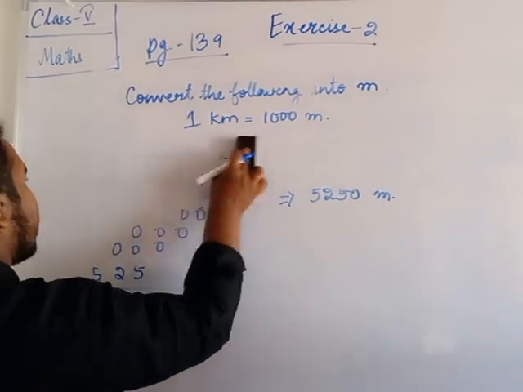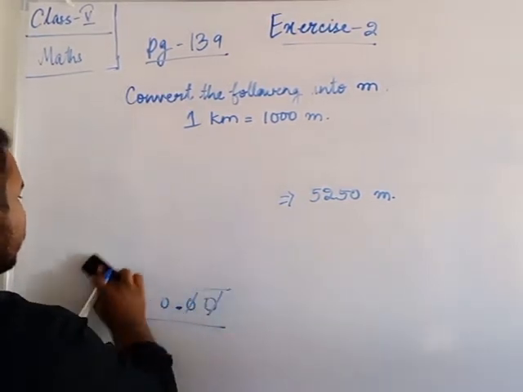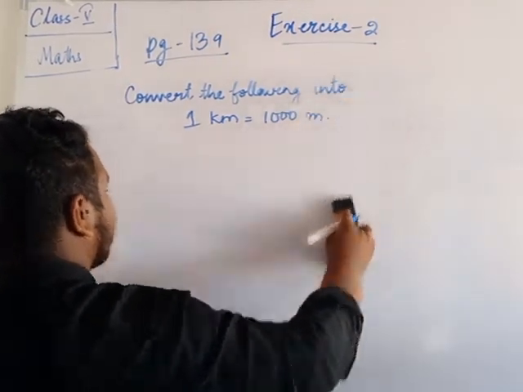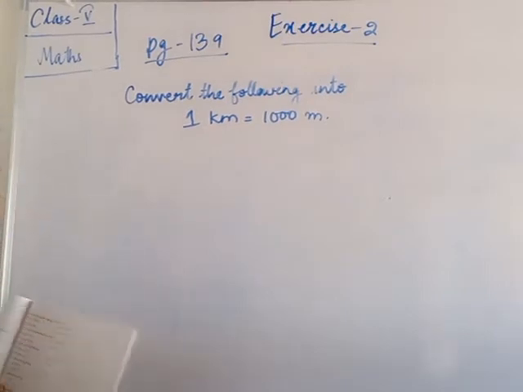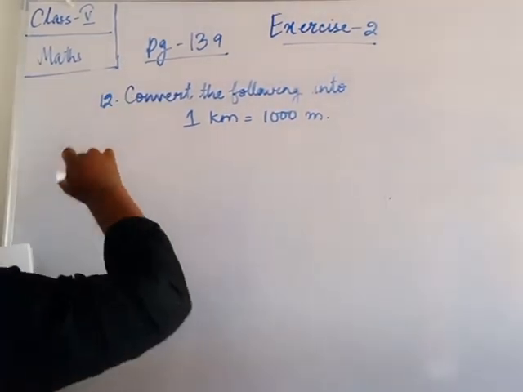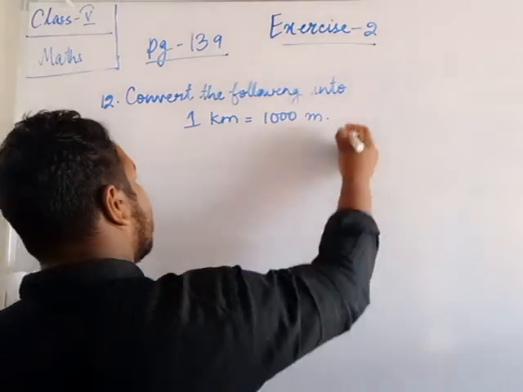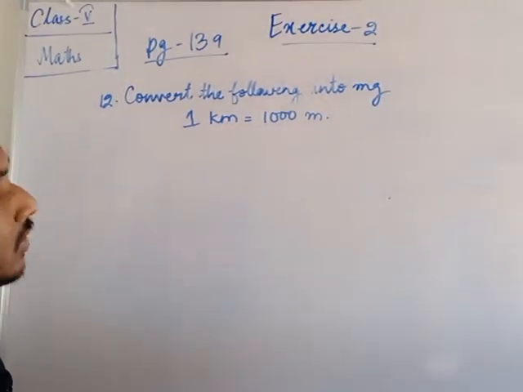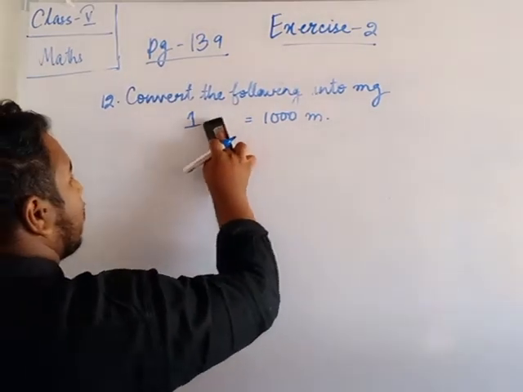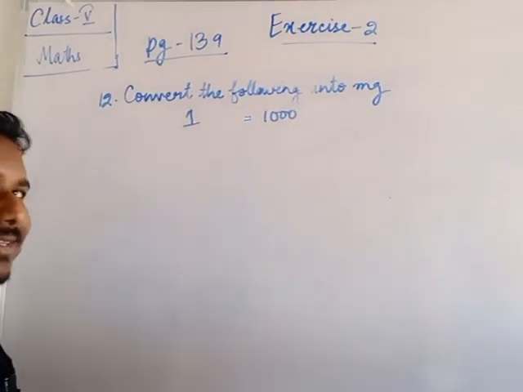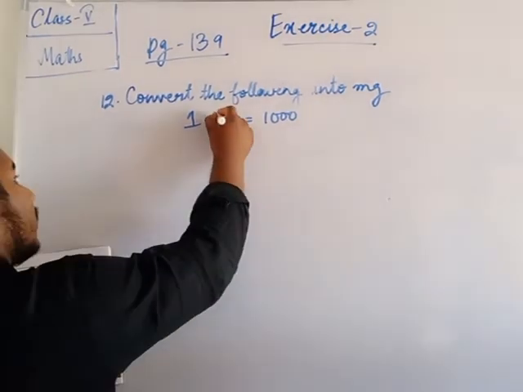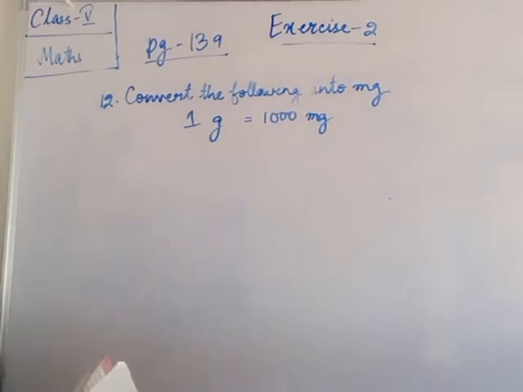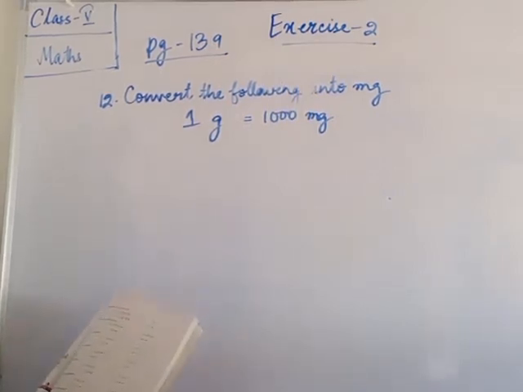Then is your next question. Question number 12. Convert into milligrams. Okay. So very nice. You will know 1 gram is equal to 1000 milligram. Okay.